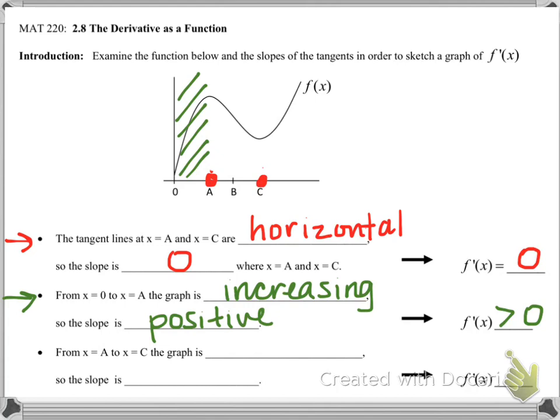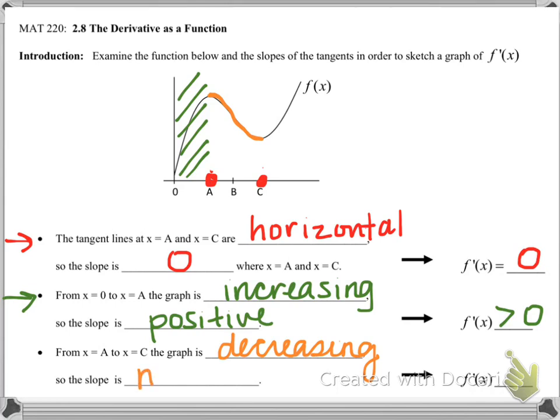So now we'll look from x equals a to x equals c. That would be this part of the graph. So between a and c, the graph is decreasing, which means if we looked at the tangent lines, they would have negative slopes.